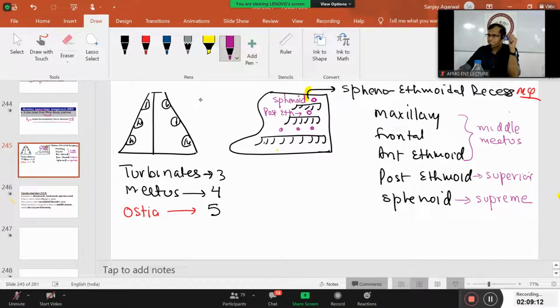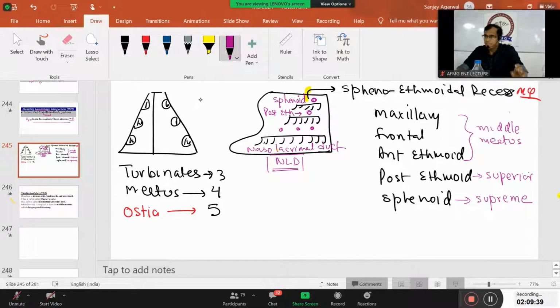So which meatus has no ostia? Inferior meatus has no ostia. It has something else. What is the something else? Nasolacrimal duct. NLD in short. Nasolacrimal duct, NLD, in the inferior meatus.